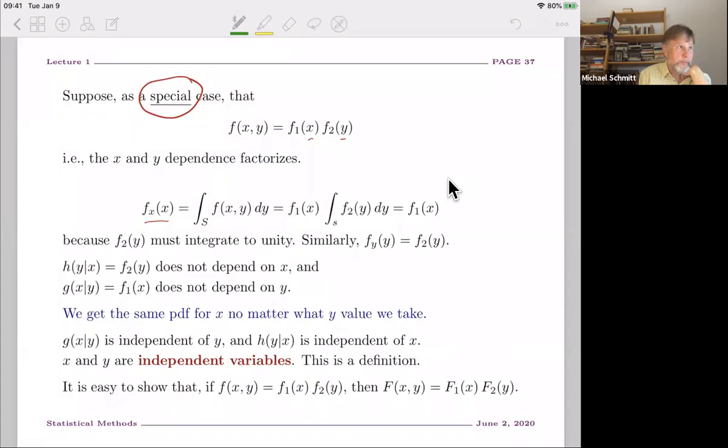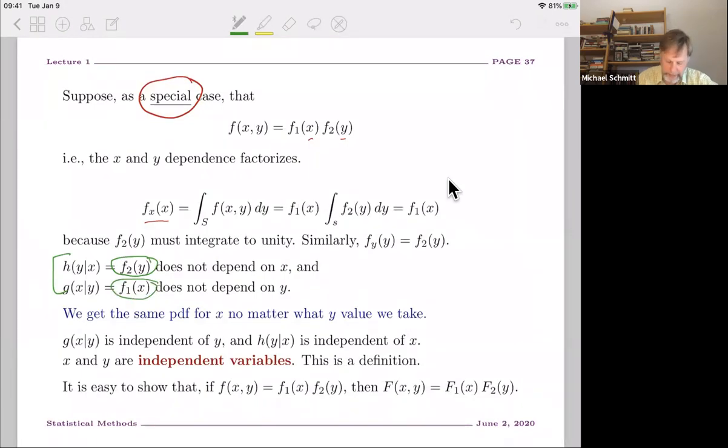Similarly, it turns out when you do the math that the conditional probability of Y given X is F2, and the conditional probability of X given Y is F1, and that this conditional probability doesn't depend on X, because it's only a function of Y. This probability to get X given Y depends only on X, doesn't depend on Y at all.